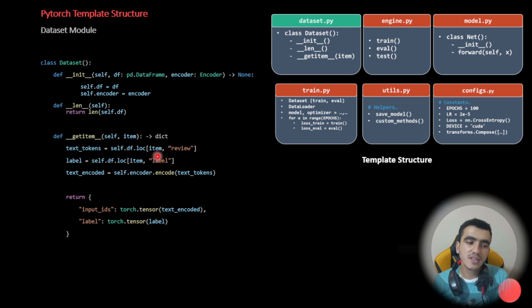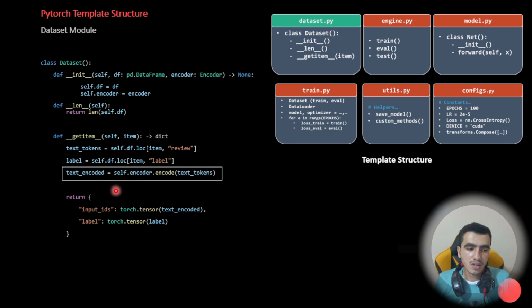So item here is nothing but the index of this batch. So __getitem__ will be producing a batch of dictionaries. As you can see here, it is returning dictionaries, and after this we will be passing these dictionaries into the model. Okay, so this is the main part that we are going to develop in our task today.